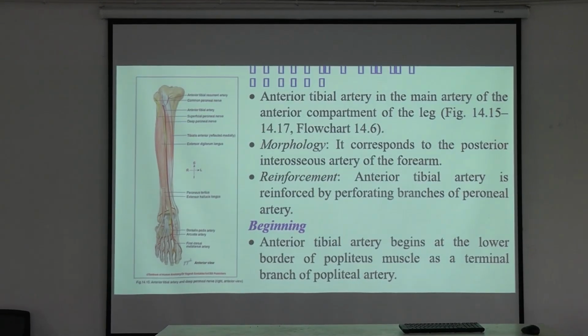Now we can find here the arteries. The anterior tibial artery, we know there is a gap in the upper part of the interosseous membrane from where it is coming and we can find it in the extensor compartment and it is continued as arteria dorsalis pedis.